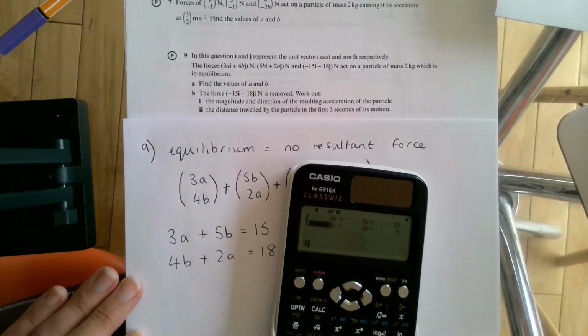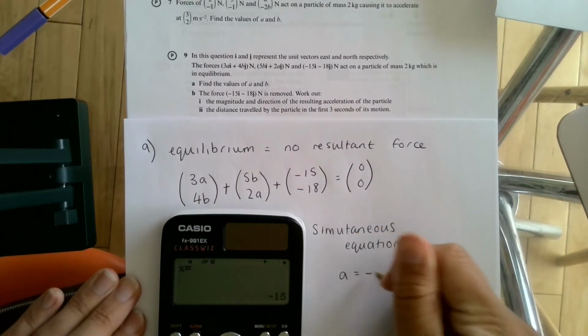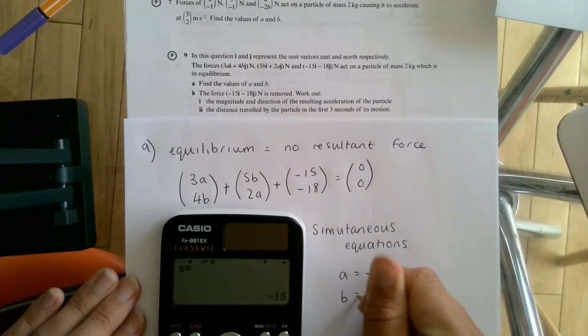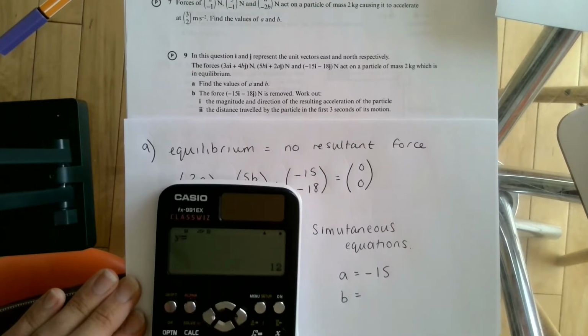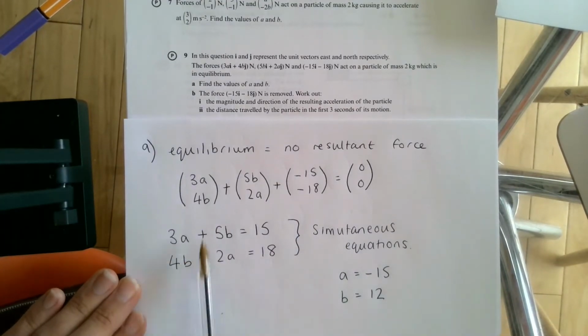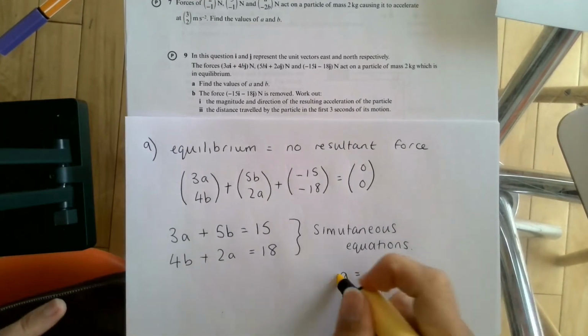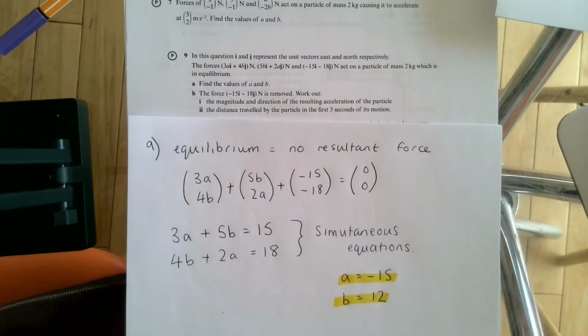Next one, careful here actually, that's 2a and 4b, and that is equal to 18. So I know that a is therefore equal to minus 15 and b is equal to 12. You could obviously do it the long way by hand, but it's much quicker to do it on your calculator. So I found my values for a and b.